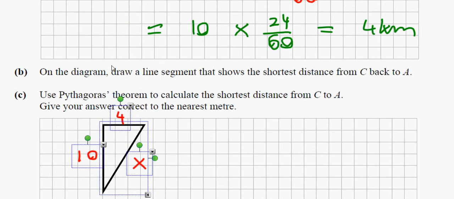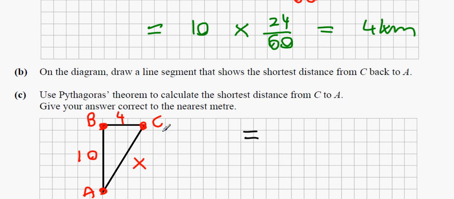The thing to remember about Pythagoras' Theorem is that the longest side, which is the hypotenuse, x squared, equals the other sides squared and added together.